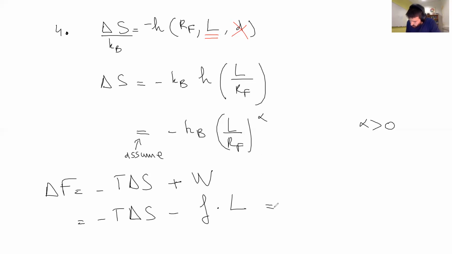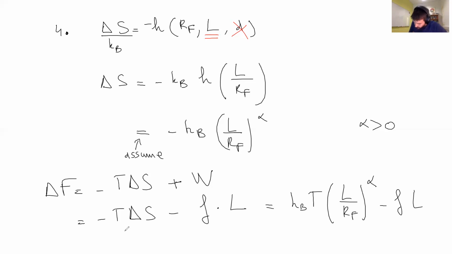So apart from prefactors, and this is all scaling, the equal symbols here, I have kBT times a certain power of L over Rf, minus Fl. And so at equilibrium, this delta F should be minimized, right?